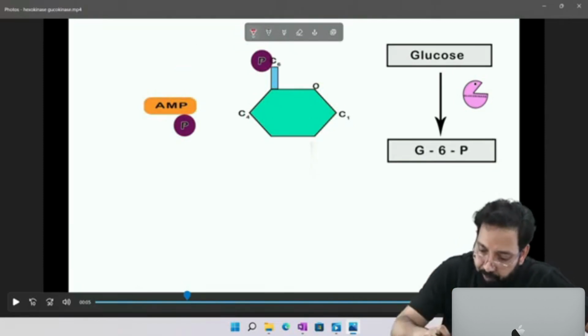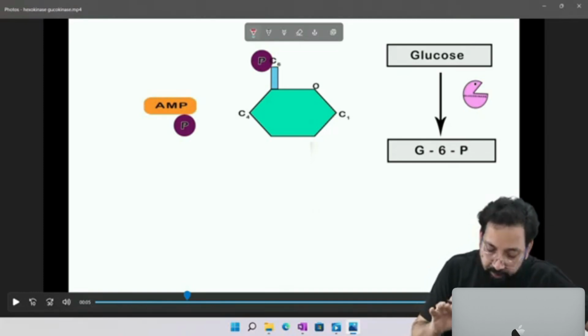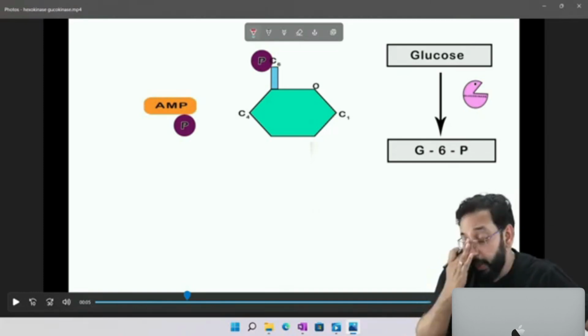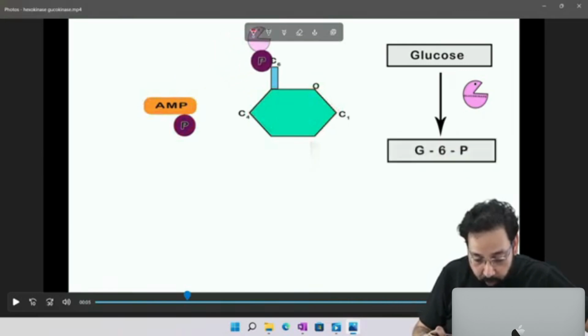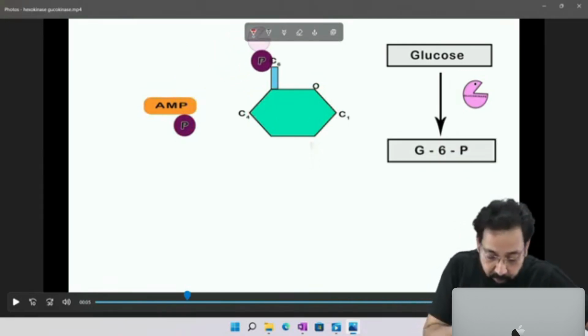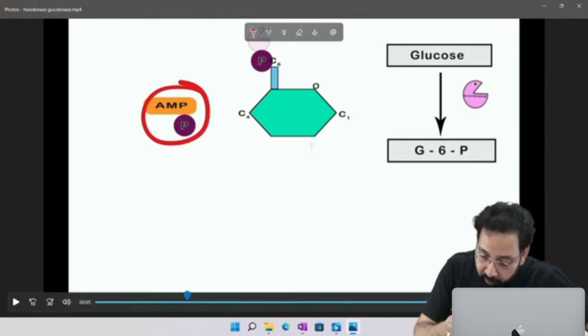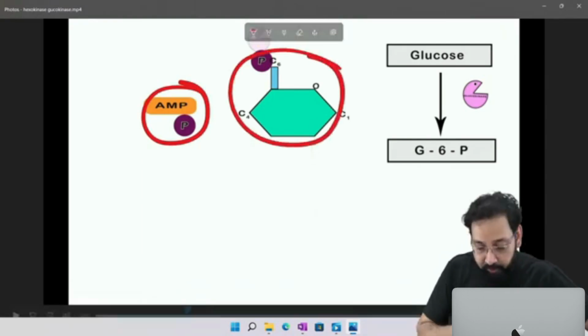So hexokinase transfers a phosphate group from ATP to glucose. ATP is converted to ADP and glucose is converted to glucose 6-phosphate.